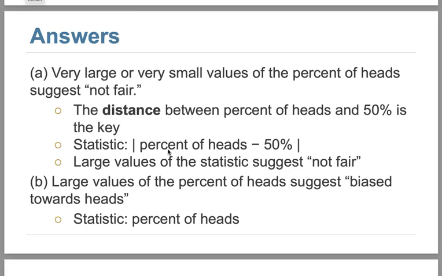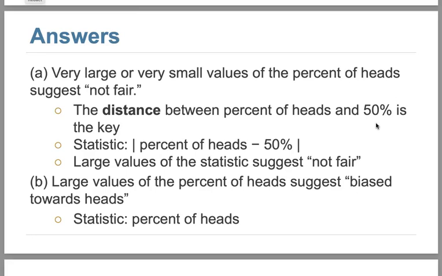In the distribution, if you have a very big chance or a very small chance of heads, that suggests it's not fair. For example, only 10% heads, or 90% heads. Either one is not fair. But that's a really big amount. So the distance between the percent of heads and 50% is what we want to observe.